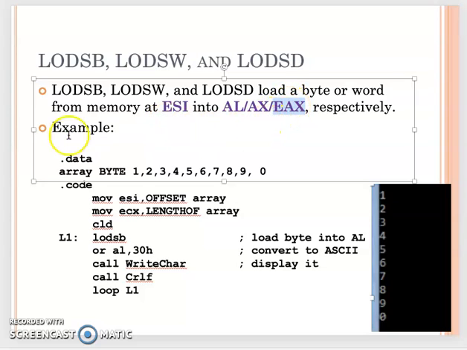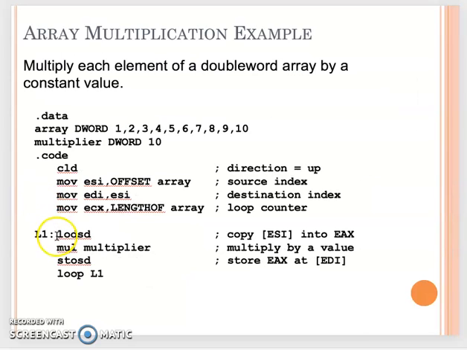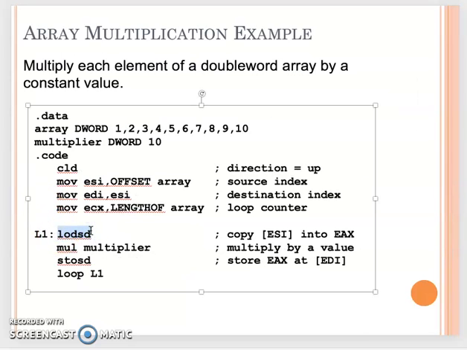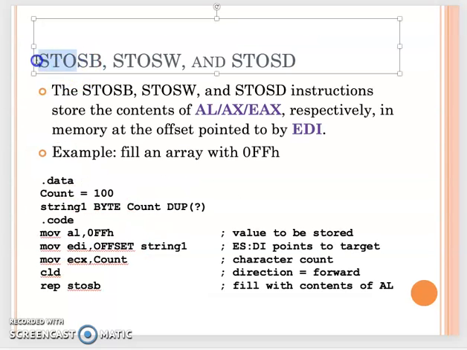After this, the first thing I need to do is load from the array. Every time I multiply by the same multiplier, it updates EAX with the product. If I want to update the EAX value back to the array, we use the store instruction.